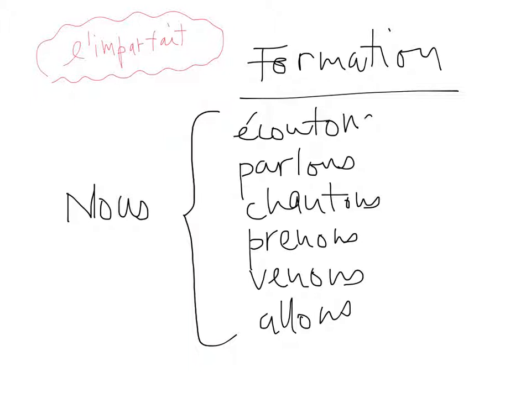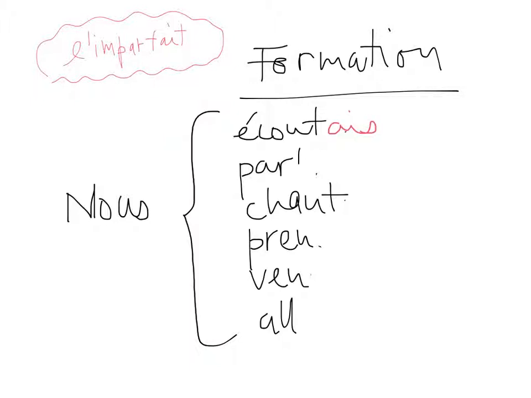What we need to do now is remove le suffixe ONS, la terminaison. On retire, on enlève, we take it off, la terminaison, et on ajoute, we're going to add the ending.